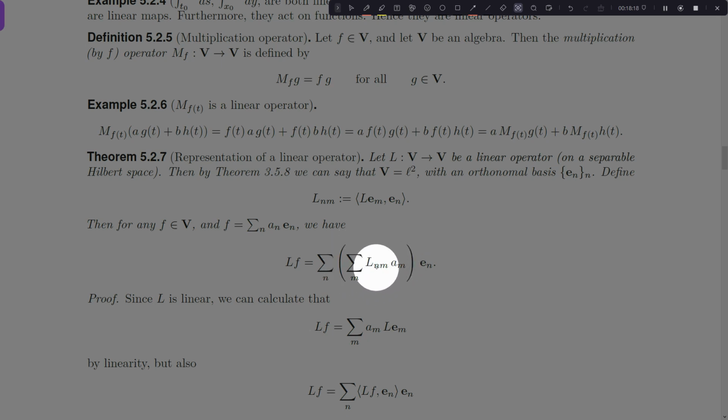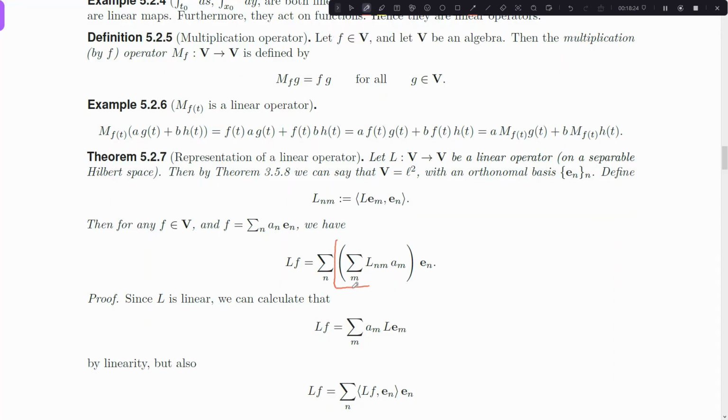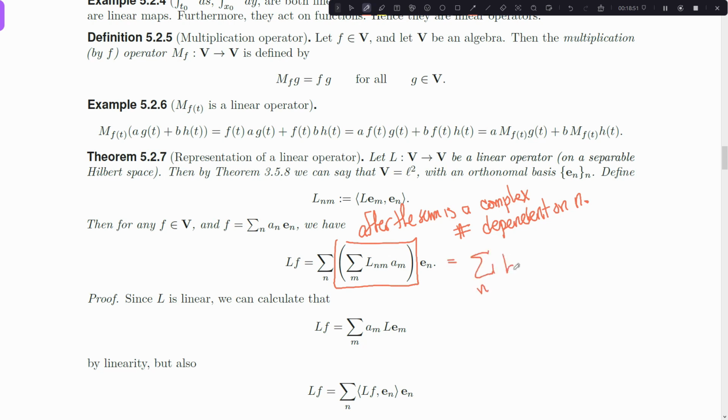Now for each fixed n, the sum is a complex number dependent on n. So I really have a sequence of complex numbers, and if I sum over n now, calling those complex numbers b sub n, that gives me my new element of V. Okay, and I know this is very confusing.